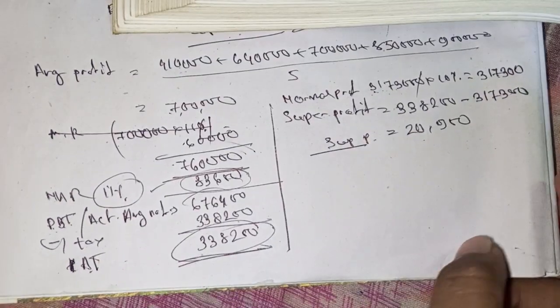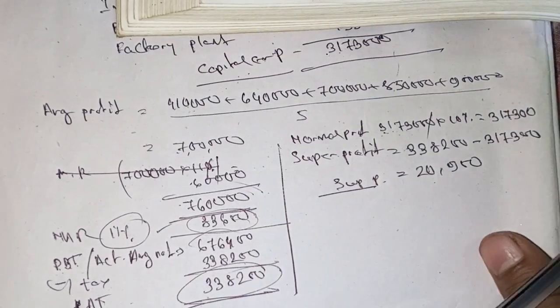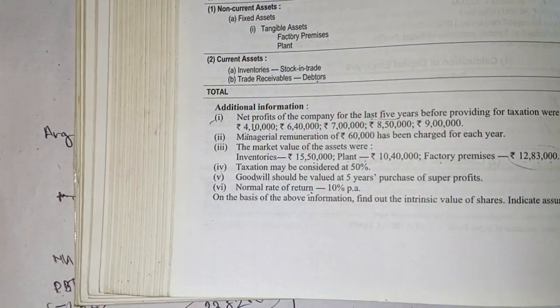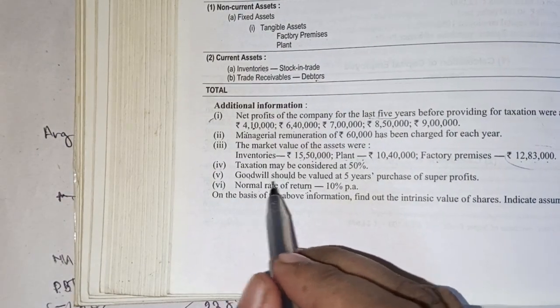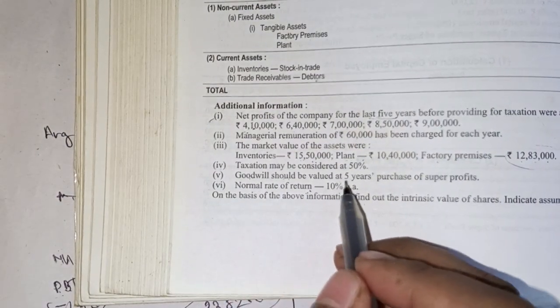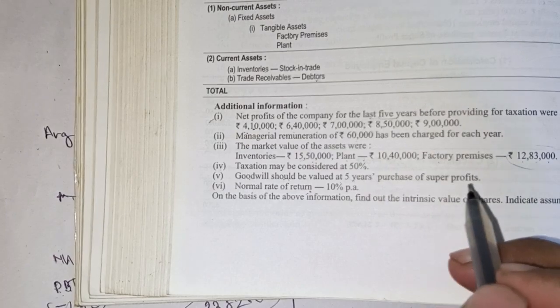So how do we calculate our goodwill? Focus on what the question gives: goodwill should be valued at 5 years' purchase of super profit.